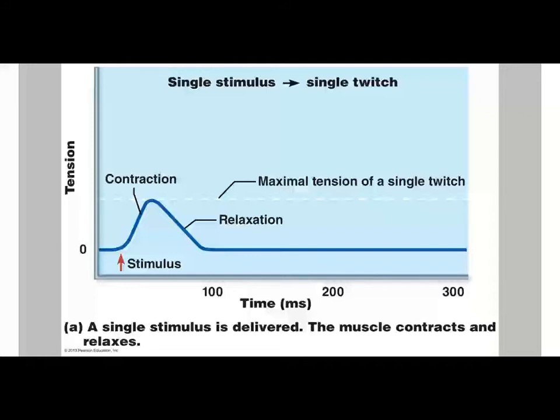So this is extremely quick, but again, this does not normally happen in the body. This is a laboratory phenomenon just to show us the details of a single muscle contraction resulting from a single stimulus. In the body, we do not get single stimuli. We get multiple stimuli, one after another after another.